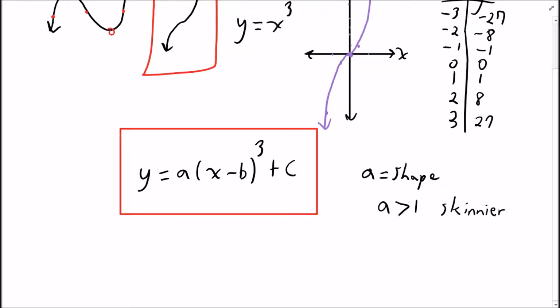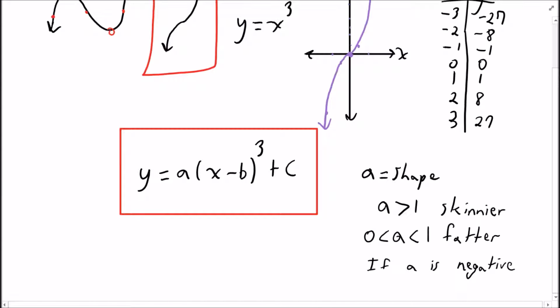If a is less than 1, but still greater than 0, so basically if a is a fraction, then it's getting wider or fatter. And if a is negative, then that will reflect it in the x-axis, so that flips it upside down.